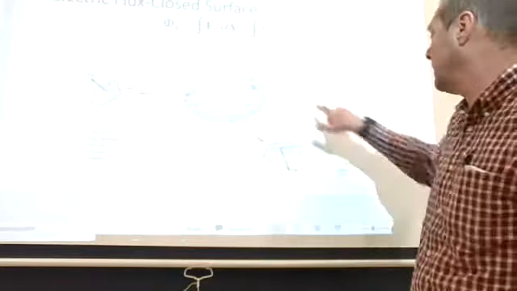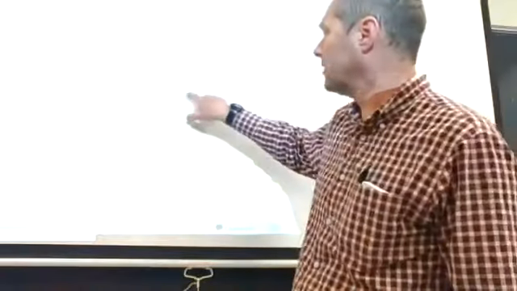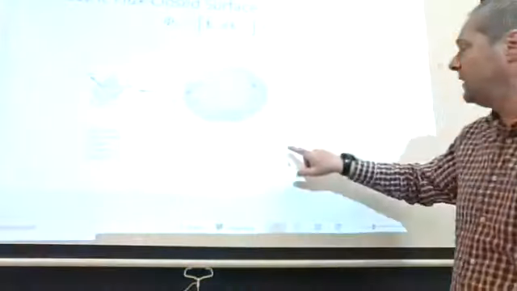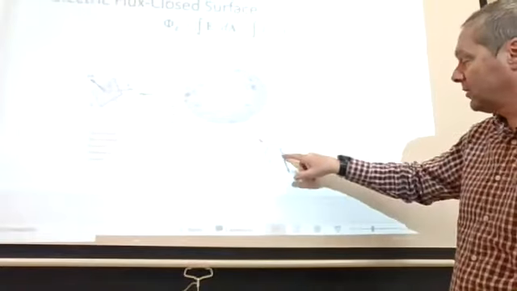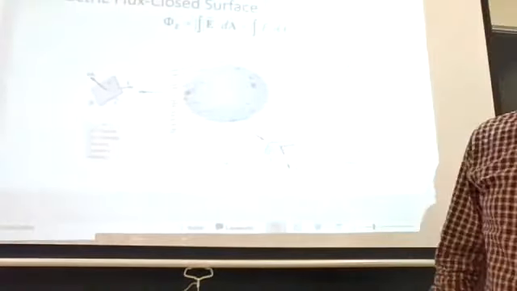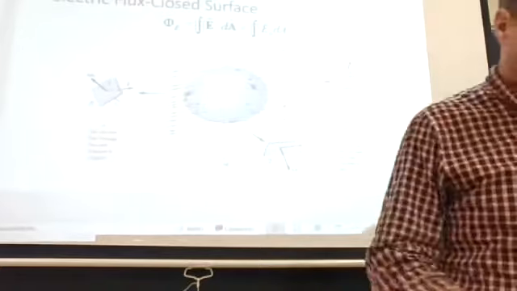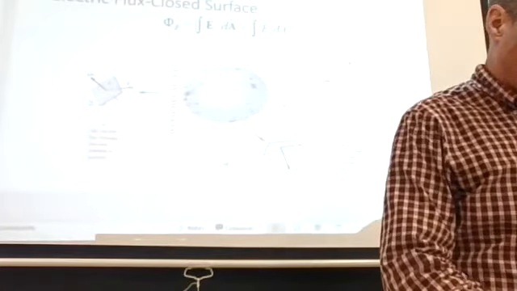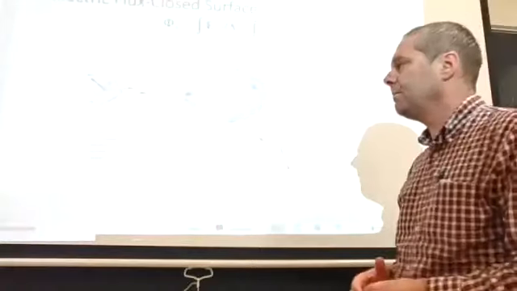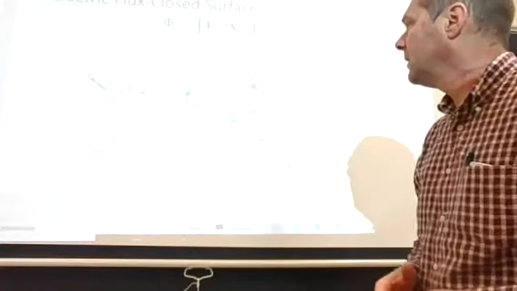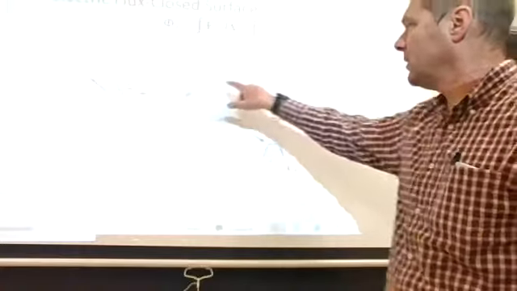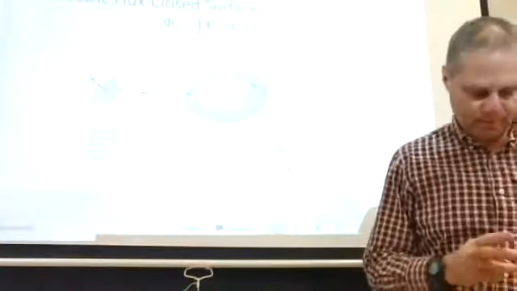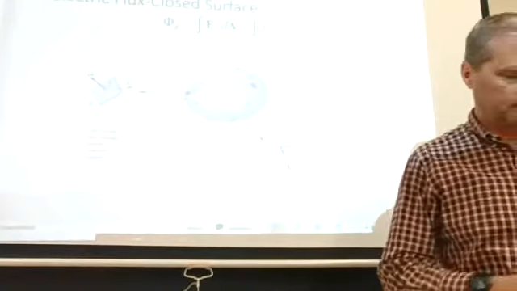So the flux coming out is positive, the flux going in is negative, and the flux perpendicular to the surface normal is 0. That was looking back at the EA cosine theta. Yes, that's exactly right. This would be 0, this would be 180, and that would be 90.